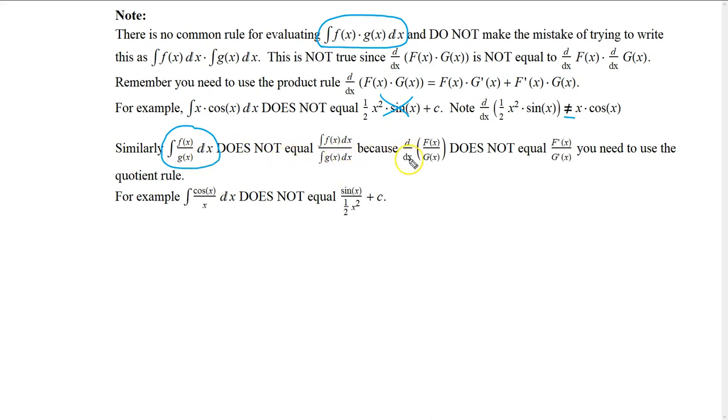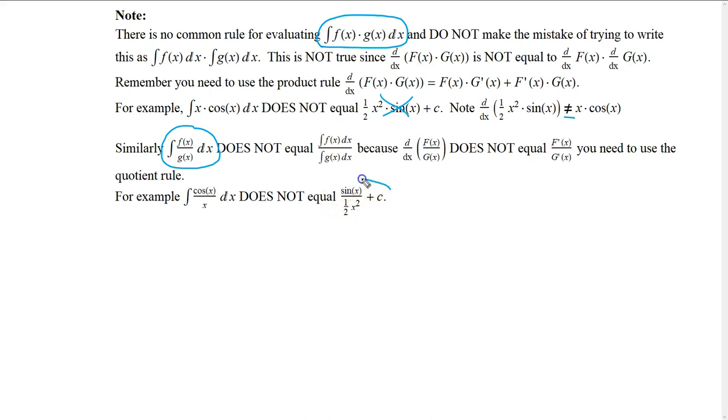And that also is because the derivative of f divided by g is not the derivative of f divided by the derivative of g. That is not true. And you have to use the quotient rule, right? So for example, the indefinite integral of cosine divided by x is not sine divided by 1/2 x squared.